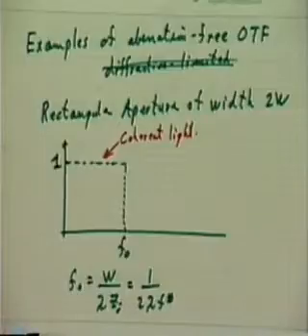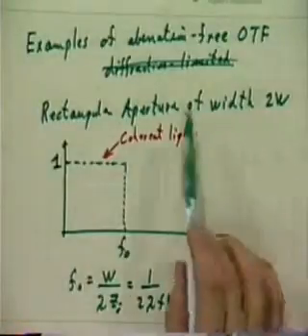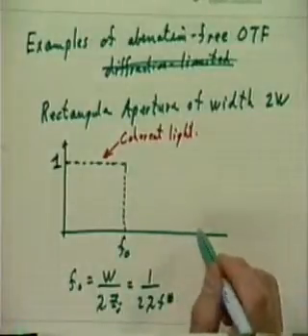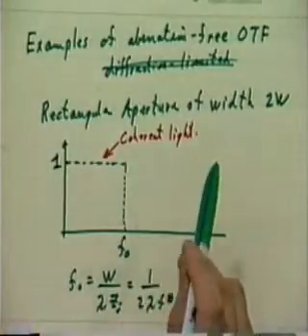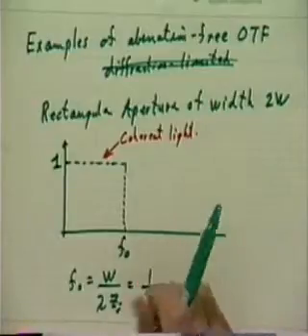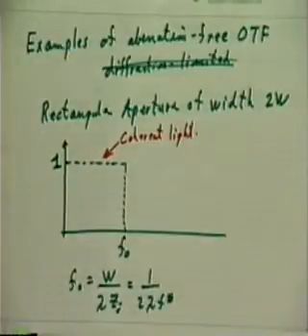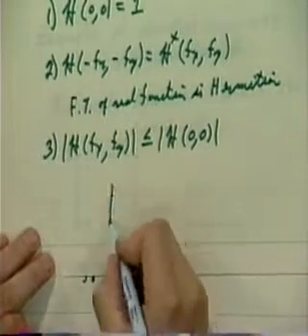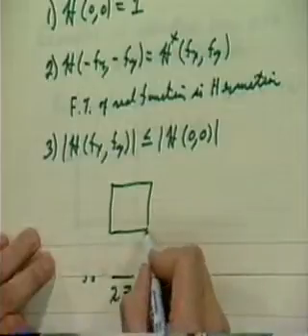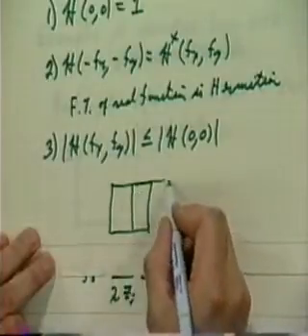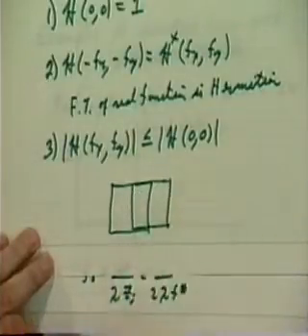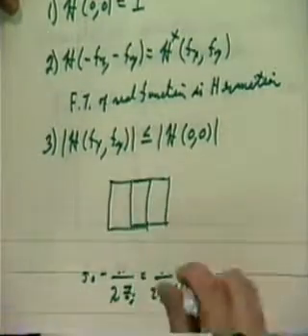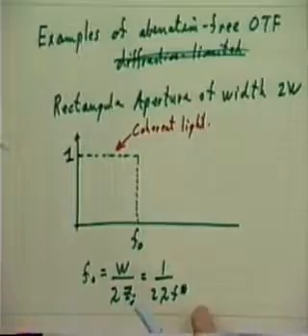Now, if we have the rectangular aperture, actually, I guess it's a square aperture right now, and we think of the OTF as being the autocorrelation of the pupil function, and at least if we think of sliding sideways here, I think without too much thought we can come to the conclusion that the OTF must be a straight line.